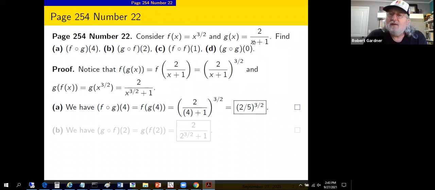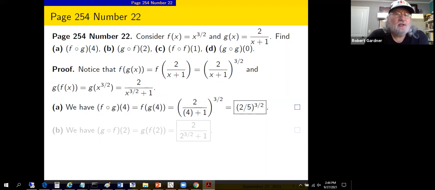It gives us 2 divided by thing plus 1. The thing here is x to the 3/2. So we get 2 divided by x to the 3/2 plus 1. And of course, these two are different. So the order matters. If we take f of g of x versus g of f of x, that shouldn't be surprising considering how involved f and g can be.